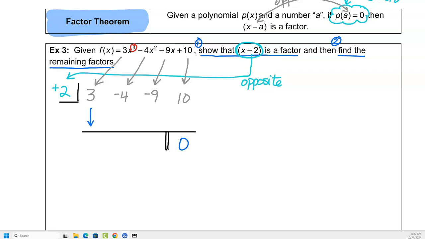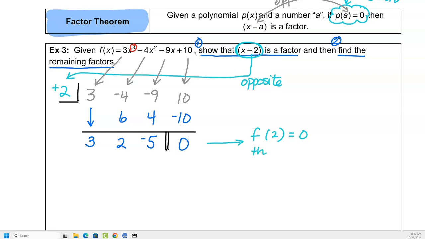So let's do that. Drop the 3. 2 times 3 is 6. Then add going down, negative 4 and 6 is 2. 2 times 2 is 4. Add going down, you get negative 5. 2 times negative 5 is negative 10. And 10 and negative 10 is 0. Okay, so what does that tell me? I know that f of 2, because it's a 2 in this location, is equal to 0.